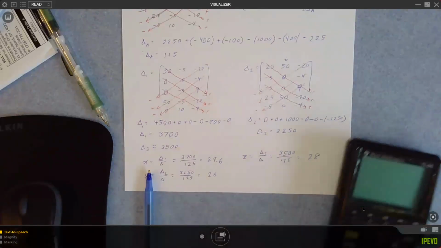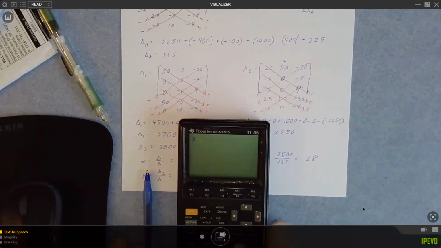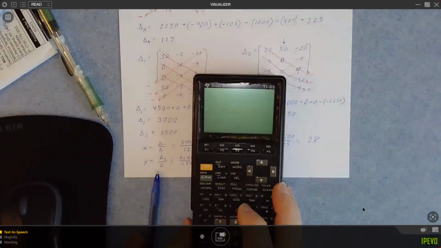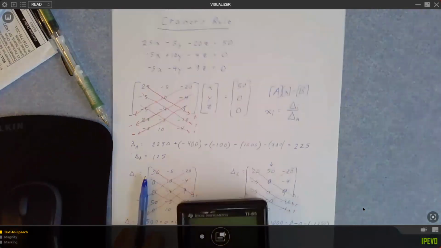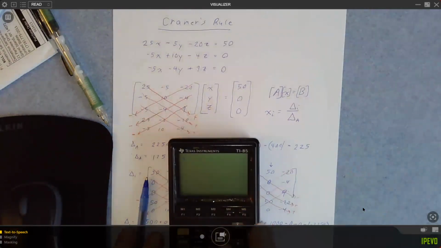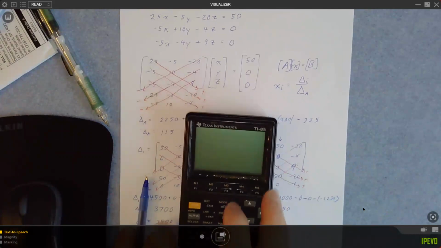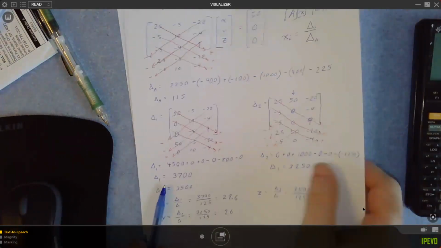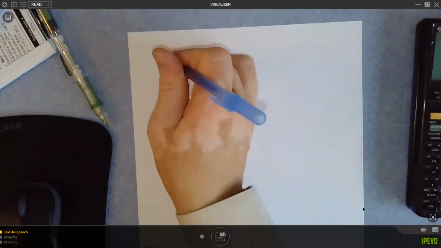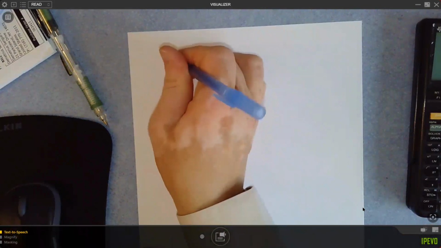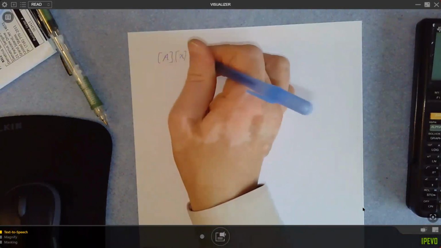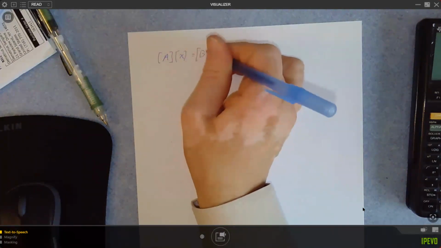All right, the only other thing I want to show you is if you do have a calculator that does matrix math, you could set up matrix A and B, and then just solve by taking the inverse. So you could take A X equals B. These are your matrices.